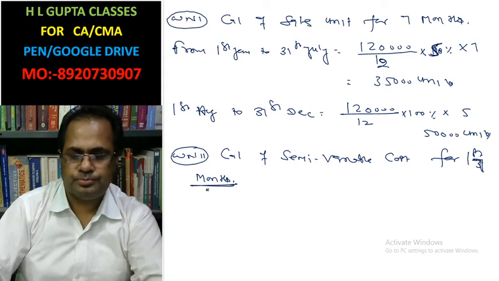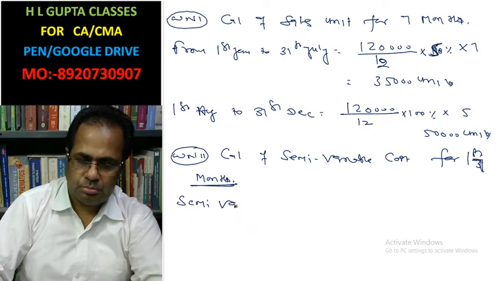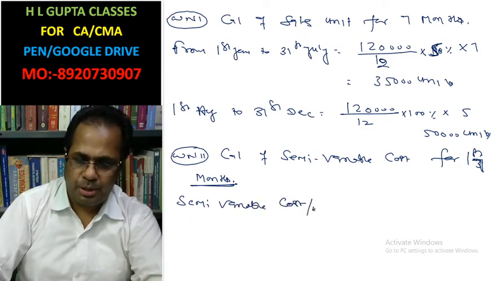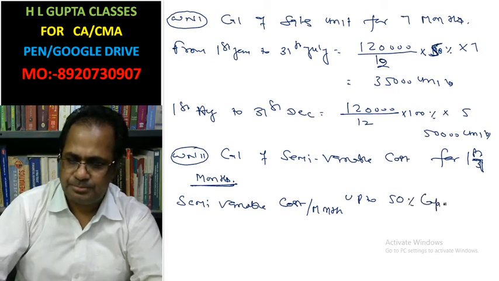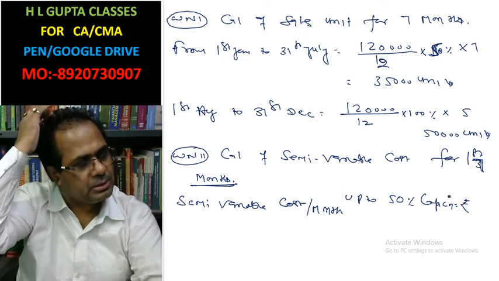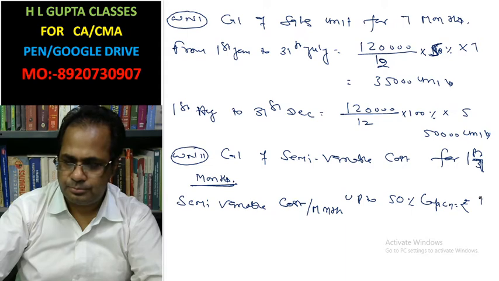The semi-variable cost per month up to 50% capacity is rupees 7,500.